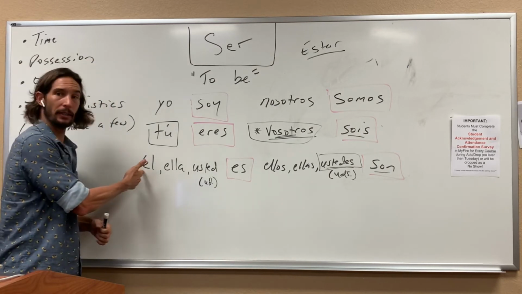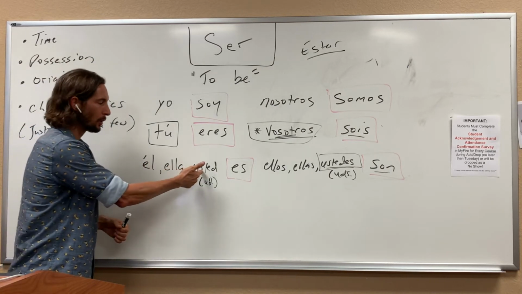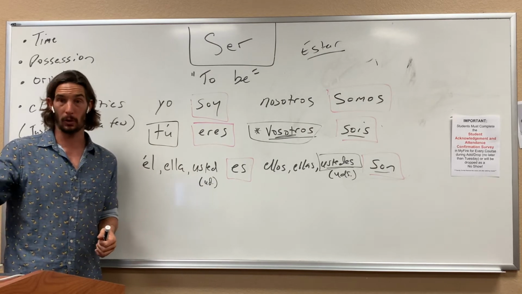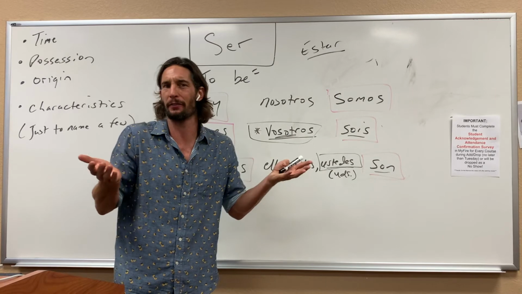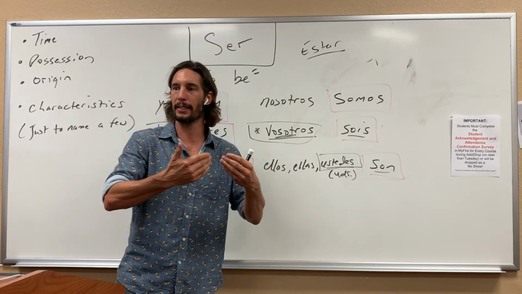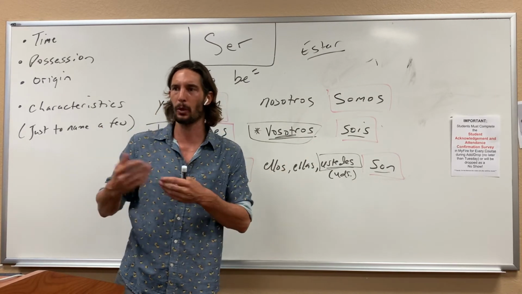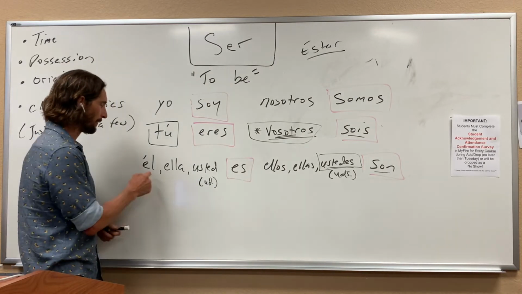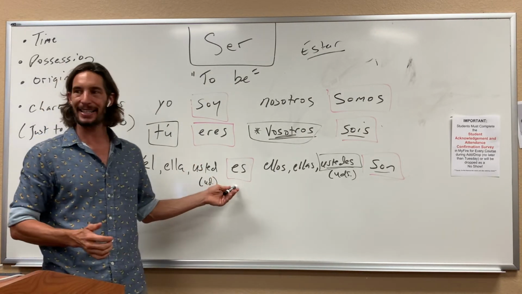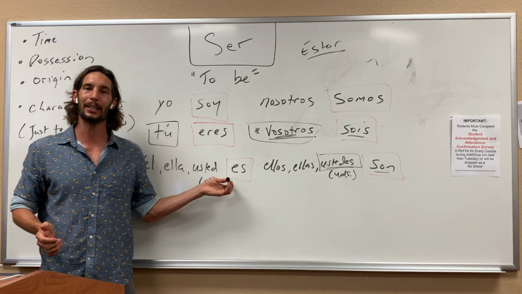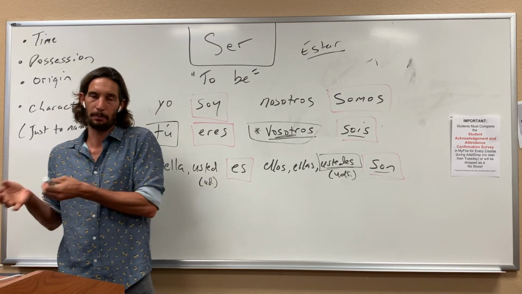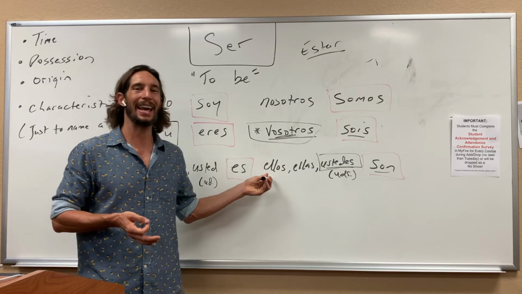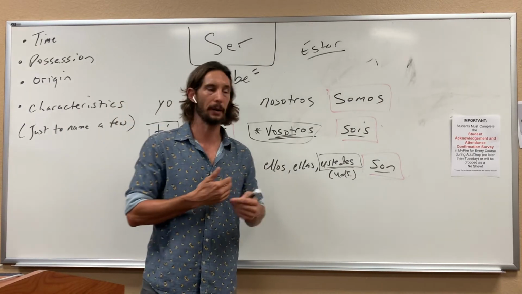Él, he, ella, she, usted, you formal, which is for individuals that you don't know or who have a position of, say, authority, and you are saying this as a way of respect. Again, we'll get to that later as well. So we have él, ella, usted, es. This is third person singular, right? It's singular because él is by itself, as opposed to ellos, which is plural, right?